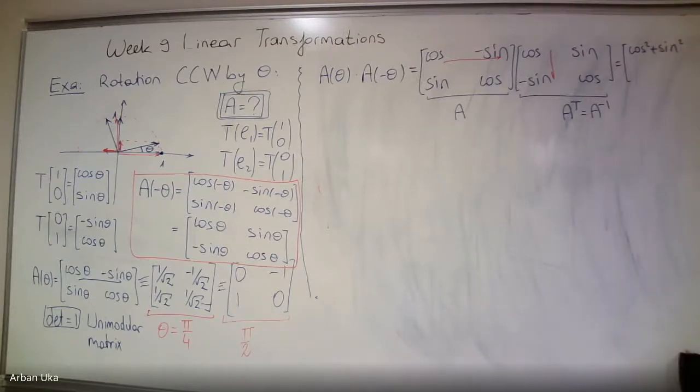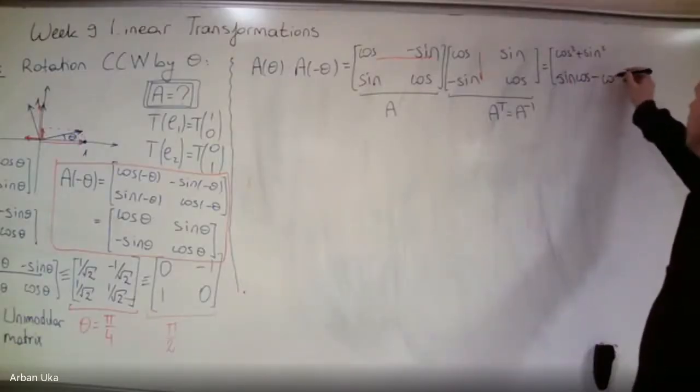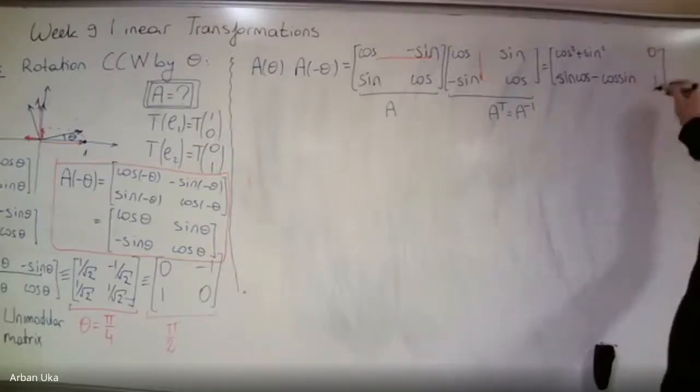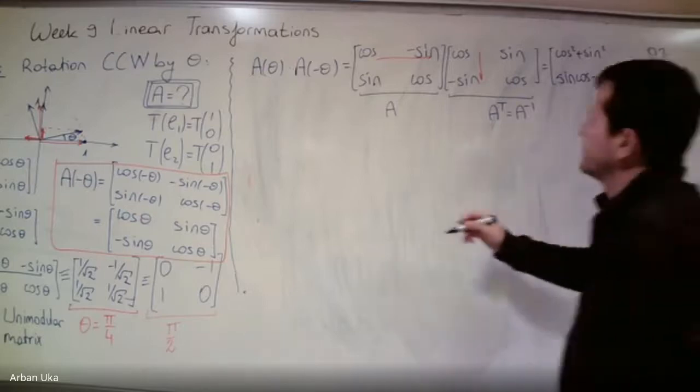Yes? Then sine cosine minus, we get 0. Do you mind getting to the other row? Oh, okay, it's fine, thank you. Say it again? 0, 0, 1, right? So which is the identity matrix in fact?